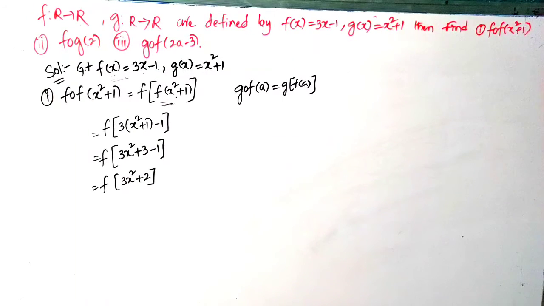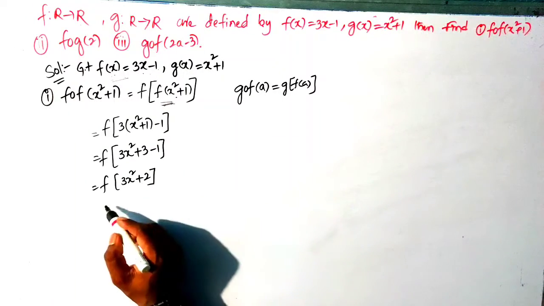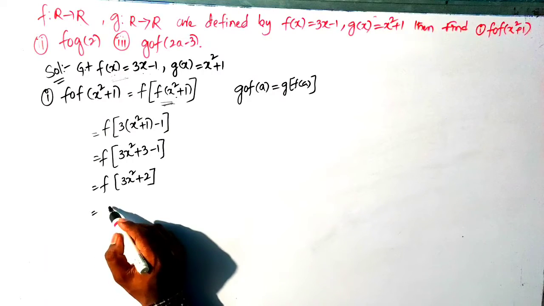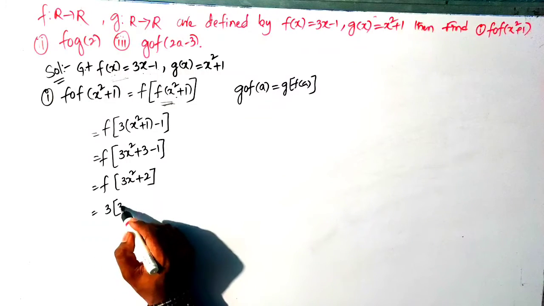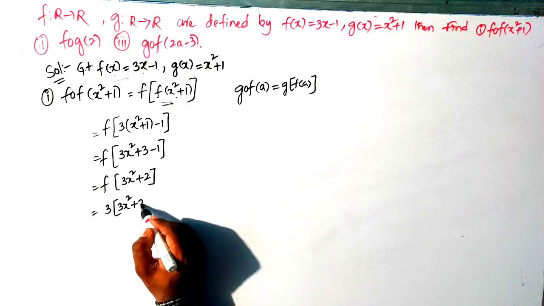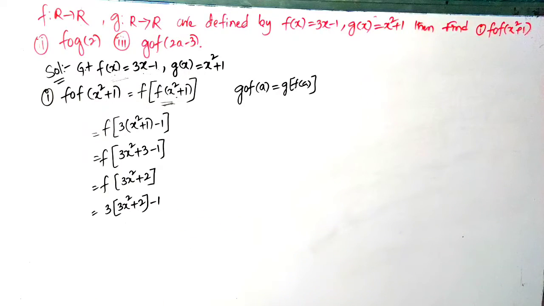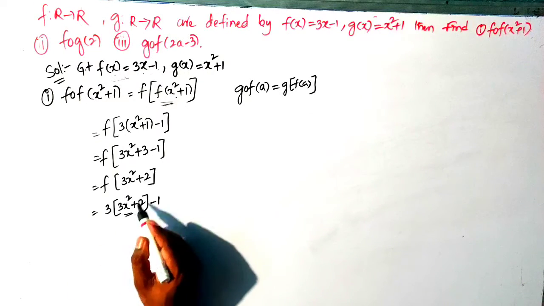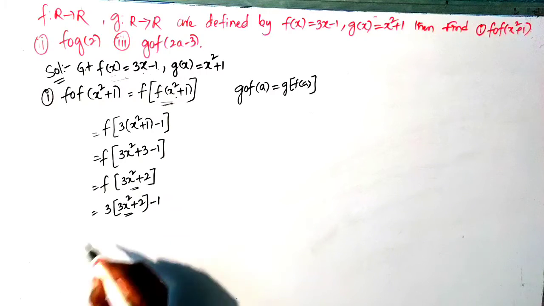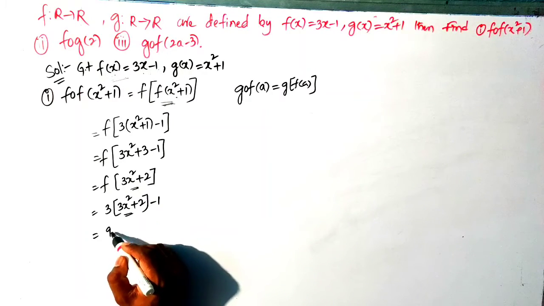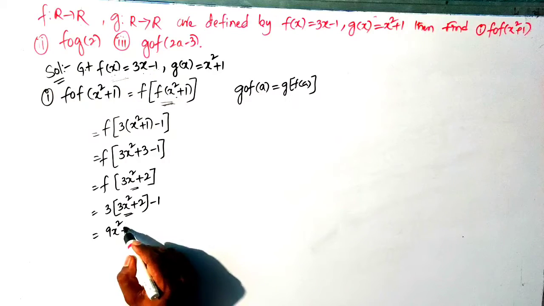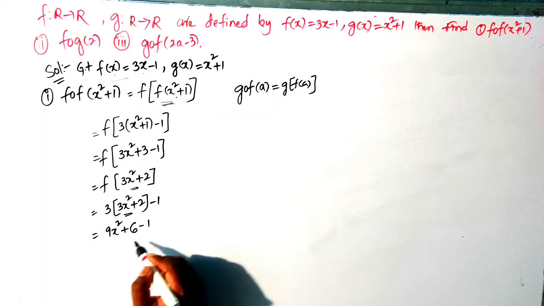But here again in place of x we substitute 3x square plus 2. So what we get here? 3 of 3x square plus 2, minus 1 as it is again. Clear? Only in place of x we substitute this. So what we get here? 3 into 3, 9x square plus 3 into 2 is 6, minus 1.